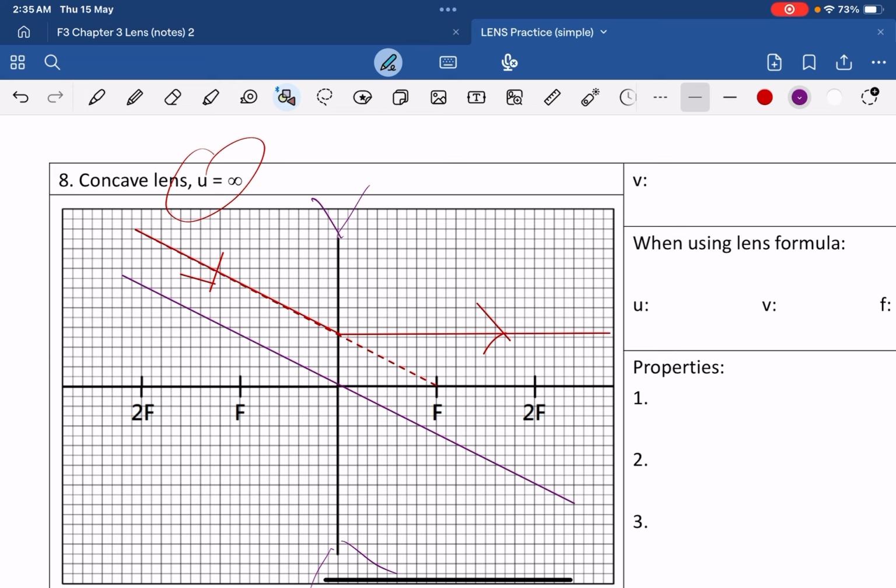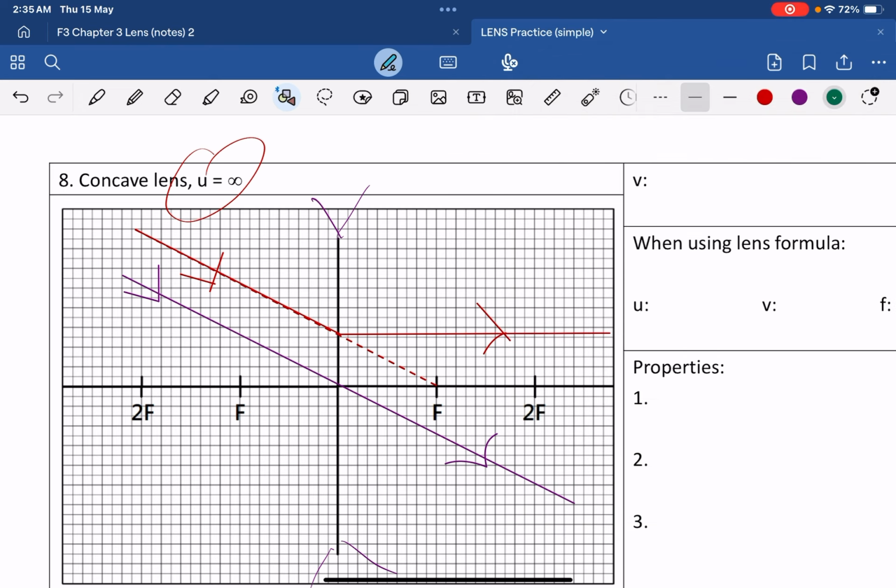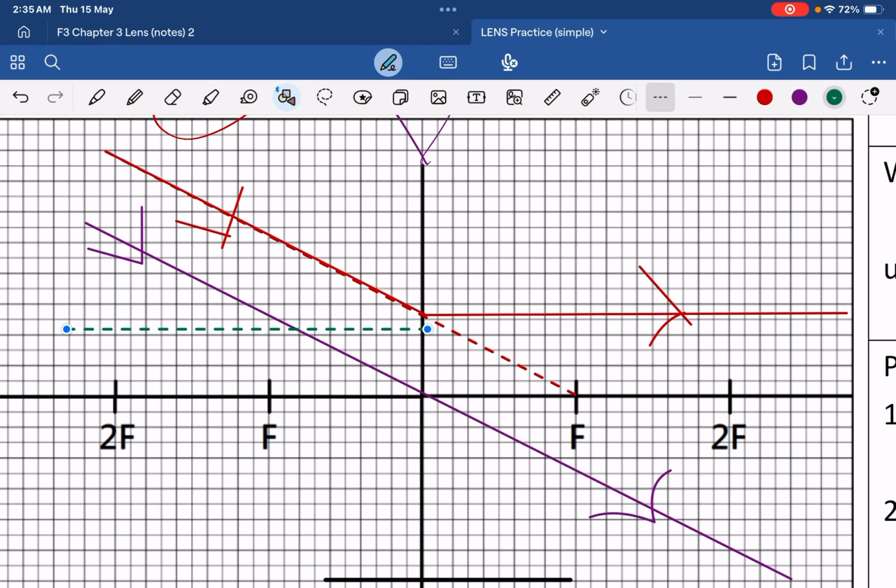Okay, so where is the intersection point? We have to extend the light ray, the first refracted ray. Okay, so we will find that the image is formed at the intersection point here.